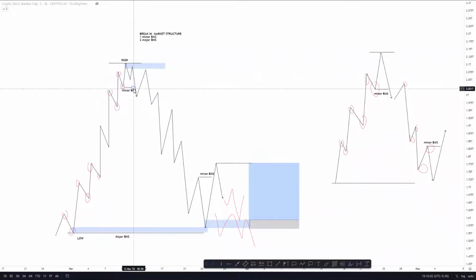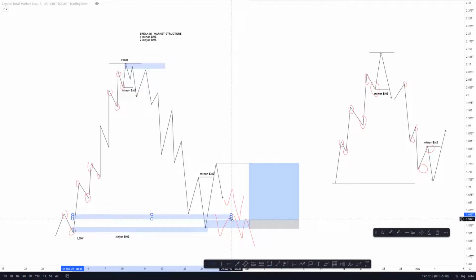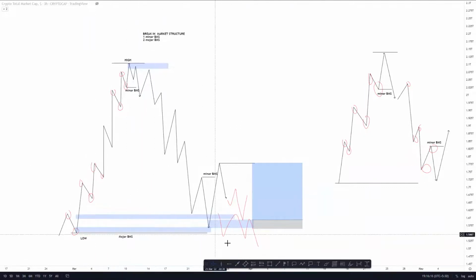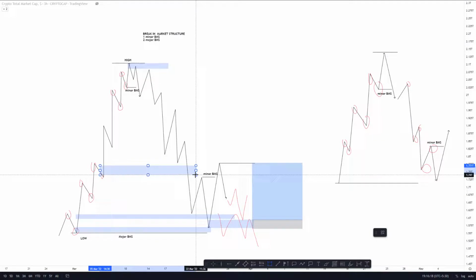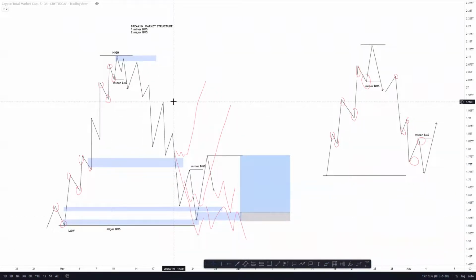If price makes a minor BMS, it can just take a pullback from the last low or some hidden base around here, from anywhere around these zones. But if price takes out the last low and then makes a reversal, that's when we will know that price is fully bearish.